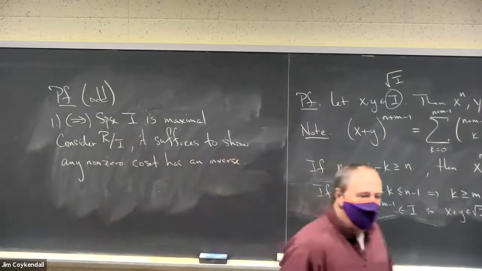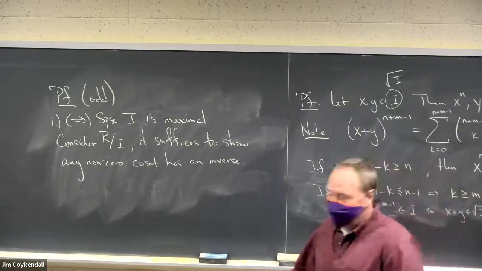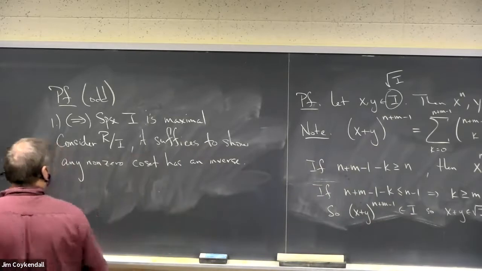Right? Because that's really what we need here: every nonzero element of R mod I, that is any nonzero coset, to have a multiplicative inverse, right?